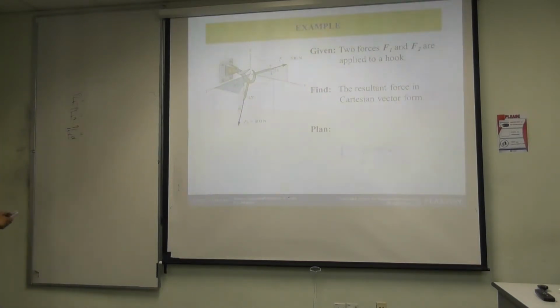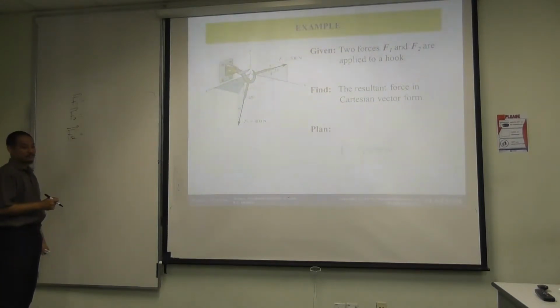So F1, is there any problem to express that? What is the x component? For F1. This should be 0. And then the y component, 100, and then the difference?